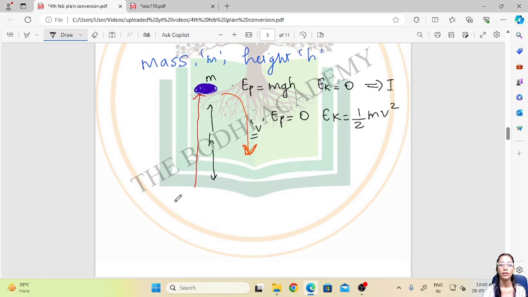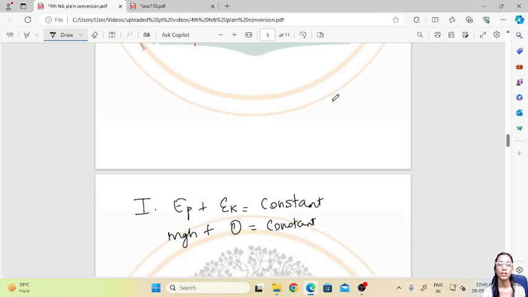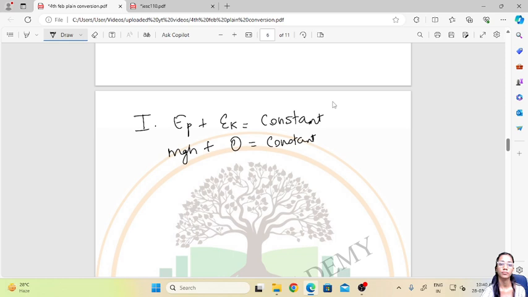We have velocity now, so we have kinetic energy now. This is the second case. In the second case, EP plus EK is equal to constant. So in this case, EP is 0, and EK is half mv square.